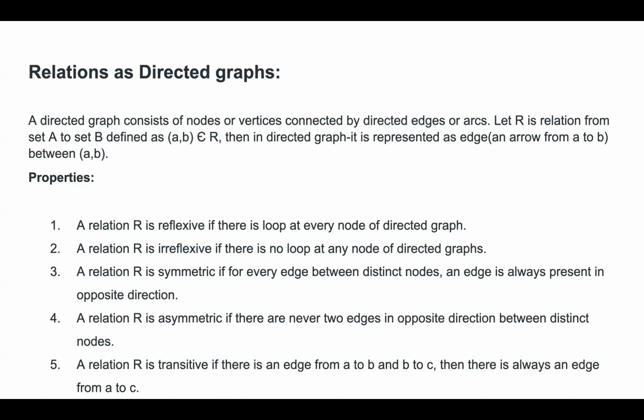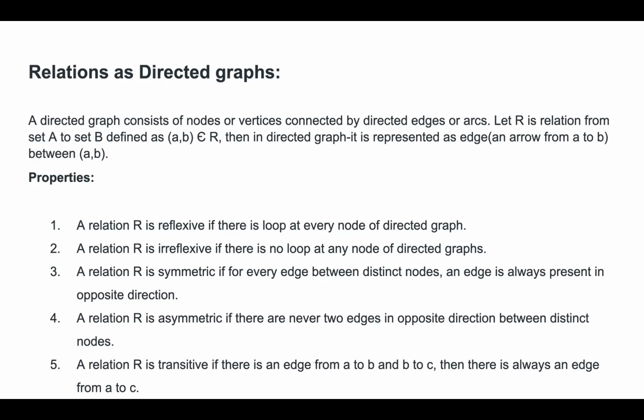In graphs, all the elements are given. Okay. They are represented with the help of nodes of the directed graphs, and the relation is depicted between them with the help of edges and arcs. Okay.